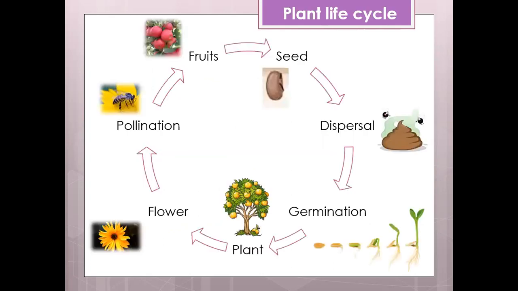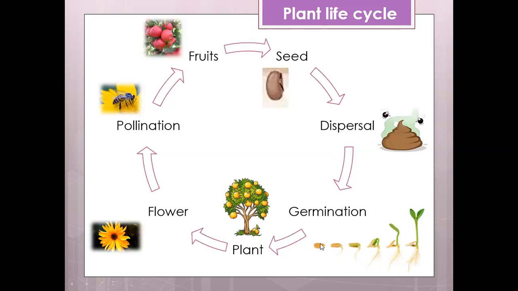So, for example, we're going to begin from the seed. What happens? The seed will be falling into the soil. This is called seed dispersal, either by wind, droppings, squirrels or other animals, or ripe fruits. Then they will germinate through the steps.